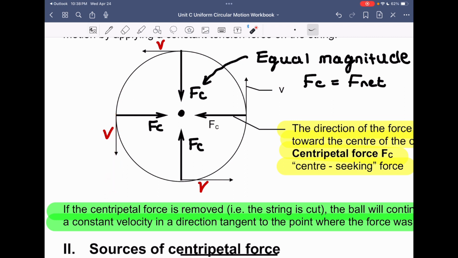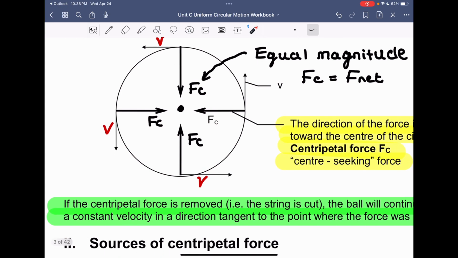Similarly here, if I cut the FC at this point, this ball would shoot out this way, directly on its path, or directly on that tangential velocity, or that tangential overall projected motion, if you really want to call it that.